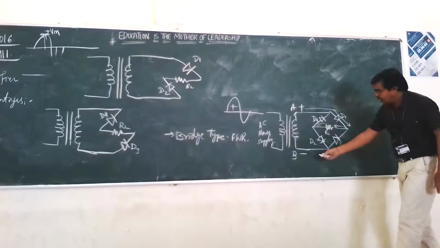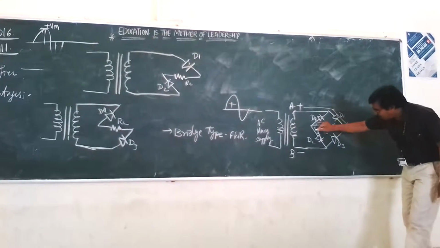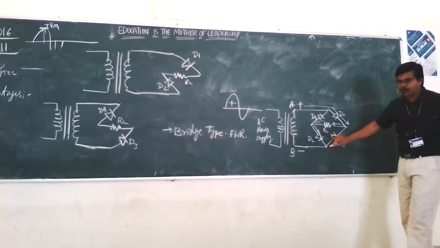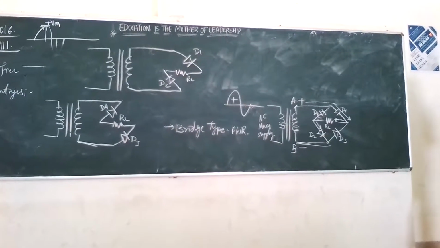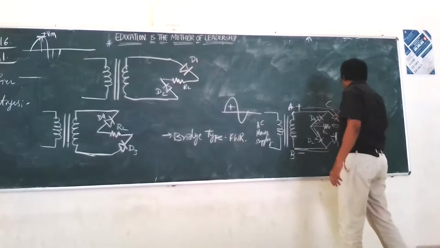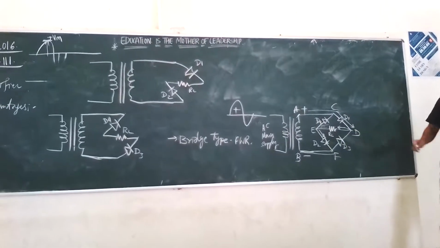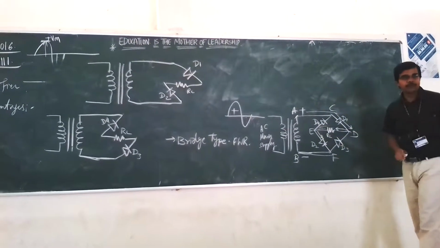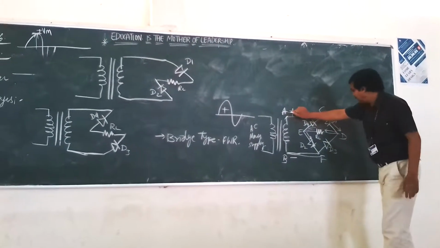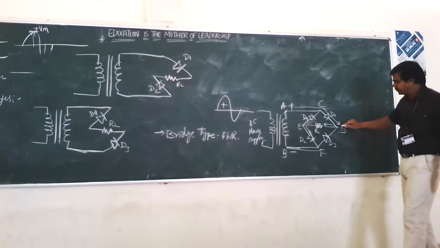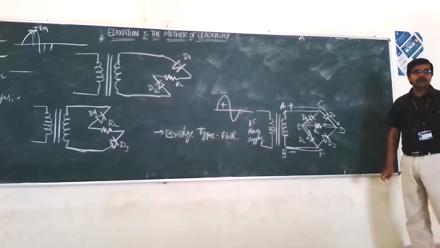From the load, it returns to the negative terminal, passing through diode D2 and coming to point B. Let us assume a bridge of C, D, E, F. During the positive half cycle, the movement will be from A to C, C to D, D to E, E to F, and back to B.